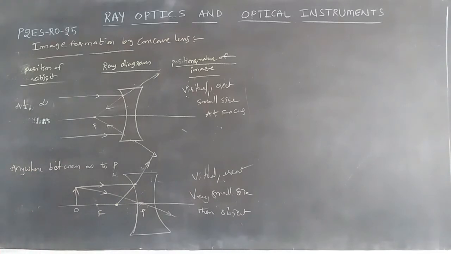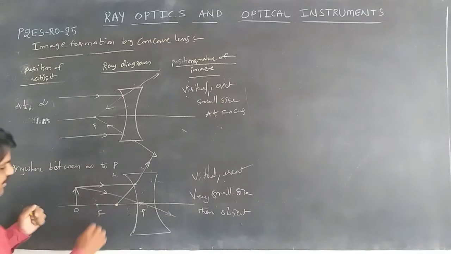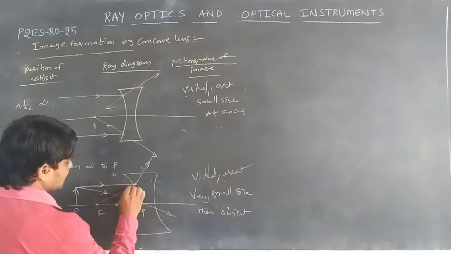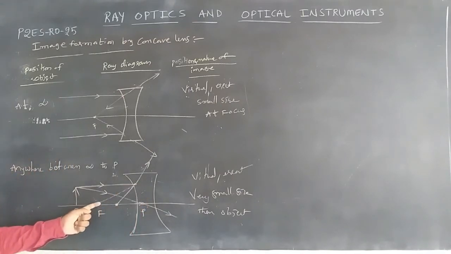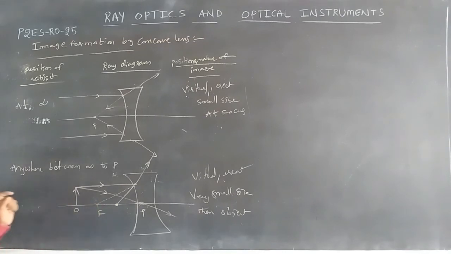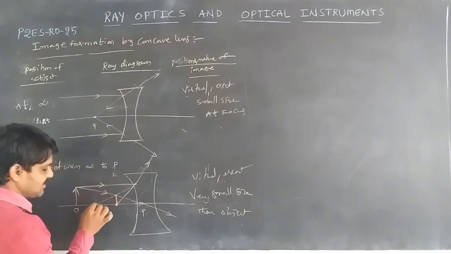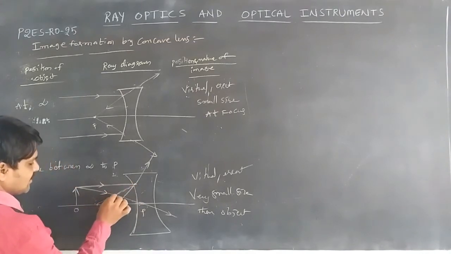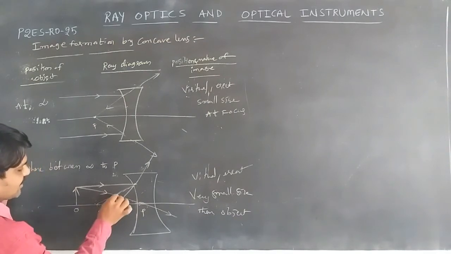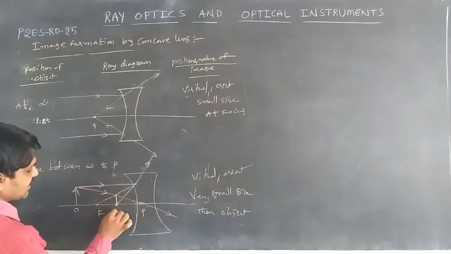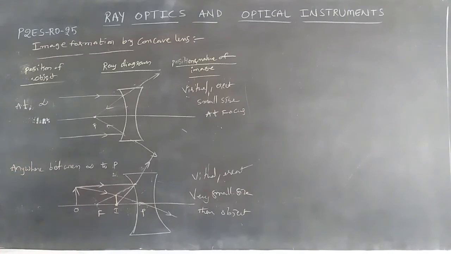This is how the image formation happens. When the light ray is incident on this, we can get the values.